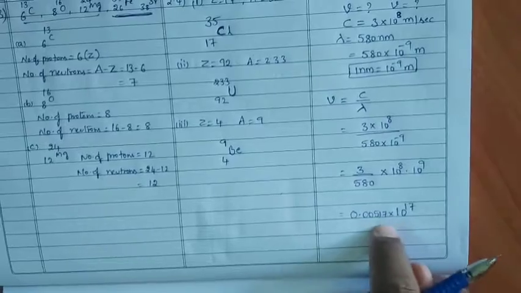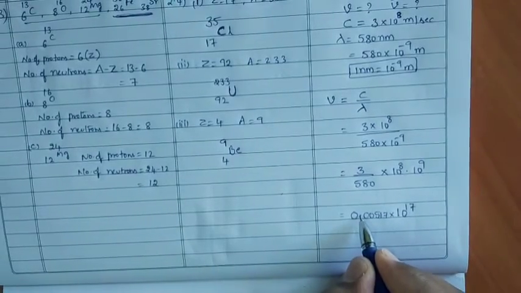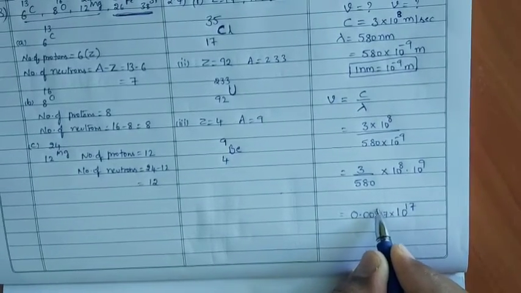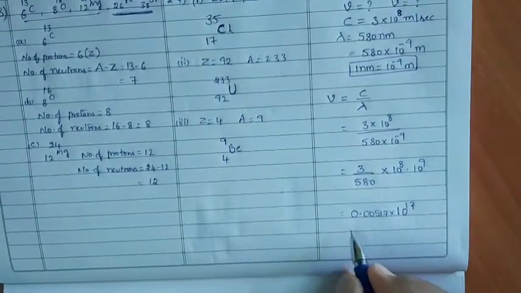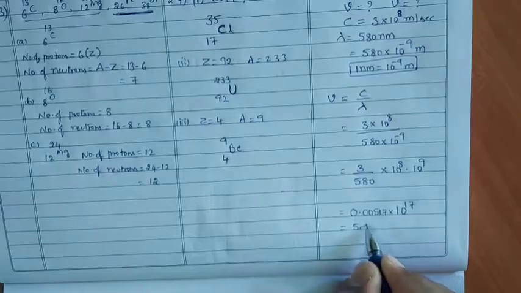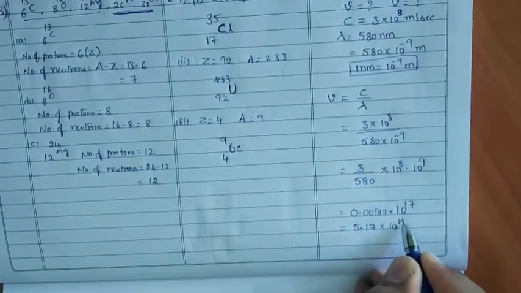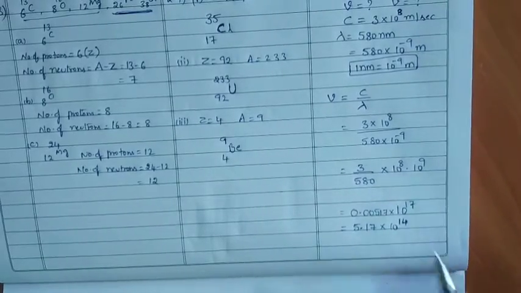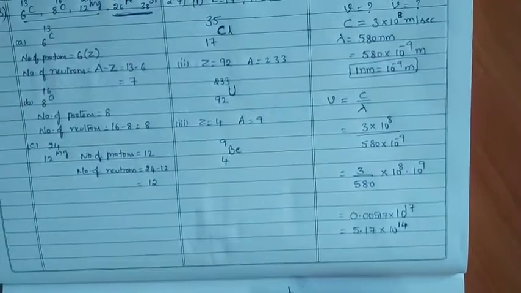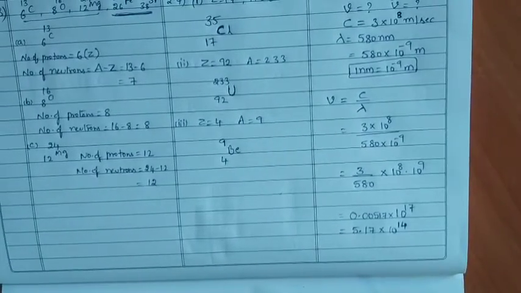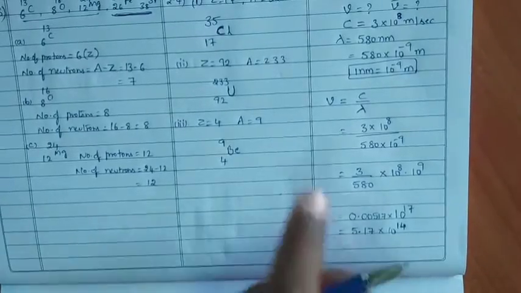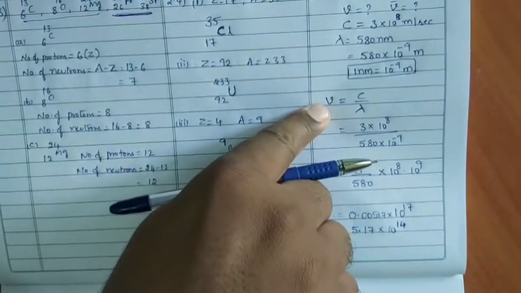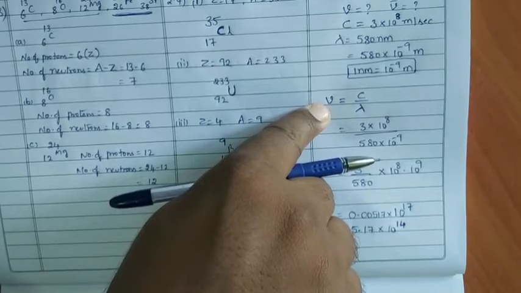We can make an adjustment here. Moving this point 3 digits to the right, the power must be 3 less. It becomes 5.17 into 10 power 14. This is the value of nu.